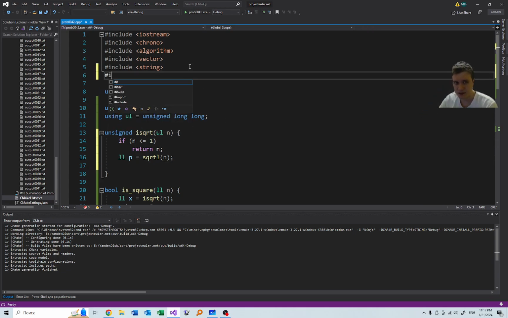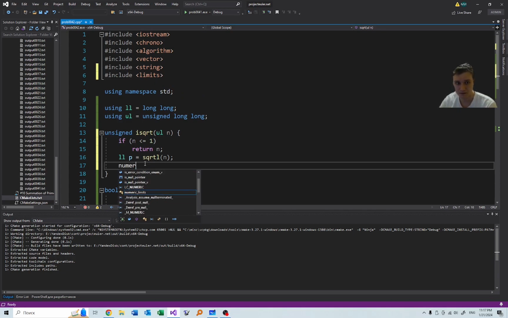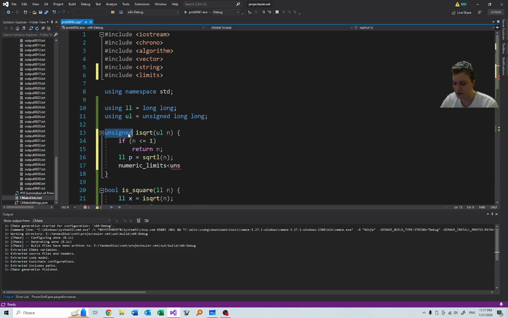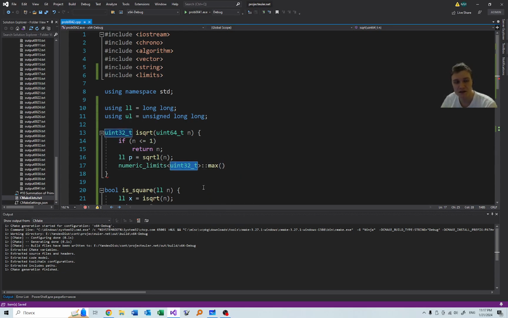Let's take the limit of unsigned. Well, as well, I can make it uint32_t and here uint64_t. I believe it's better. So this is the maximum number which can be stored in this type.